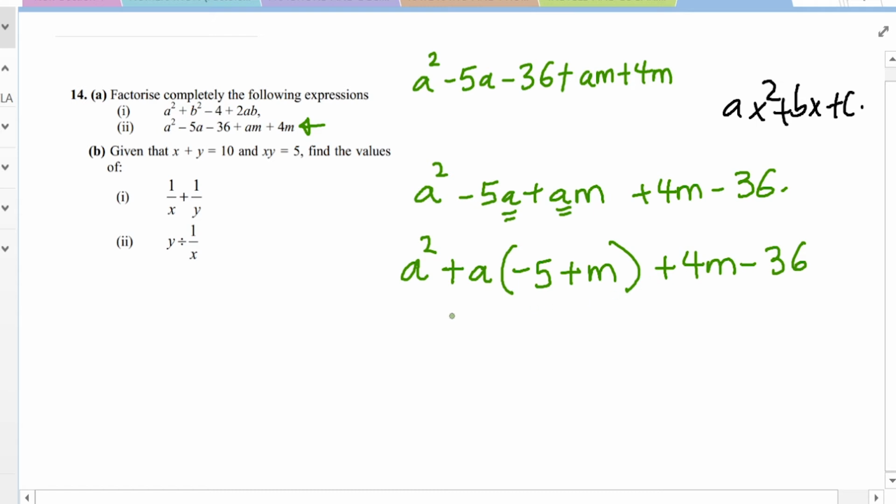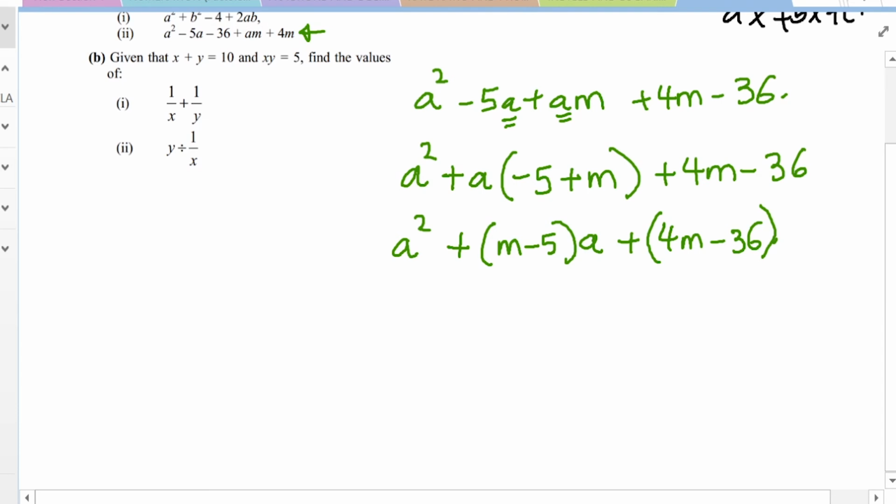So this is the same as saying a squared plus m minus 5 in brackets, a plus 4m minus 36. From what you can see here, I've just rearranged it in the form of ax squared plus bx plus c.